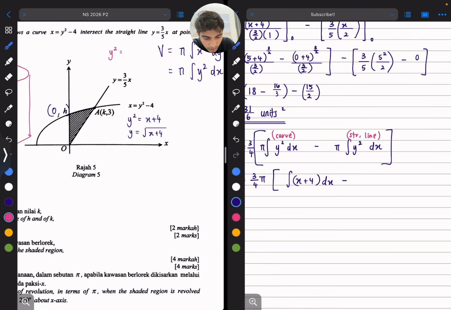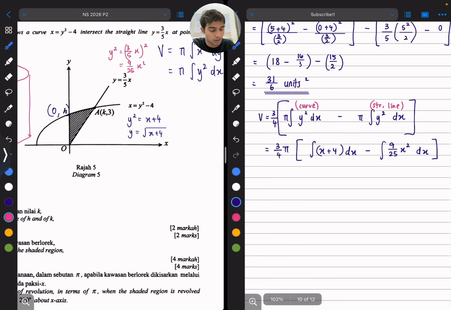So y square is 3 over 5x squared. So 3 over 5 square will be 9 over 25 x squared. So here will be 9 over 25 x square dx. Then we put the limits in. The limits would be same lah. From here, this is 5, this is 0. So 5, 0, 5, 0.